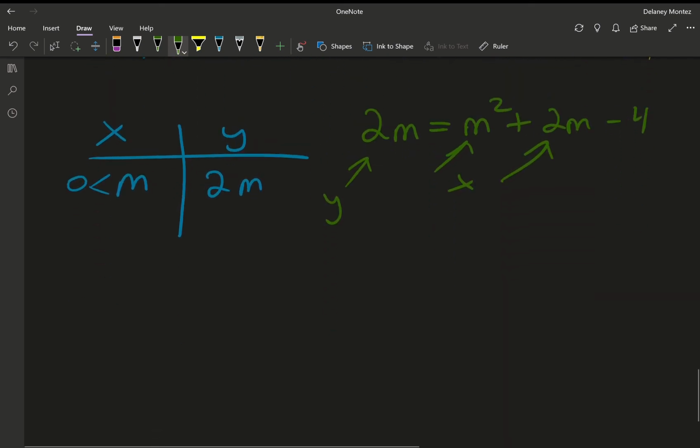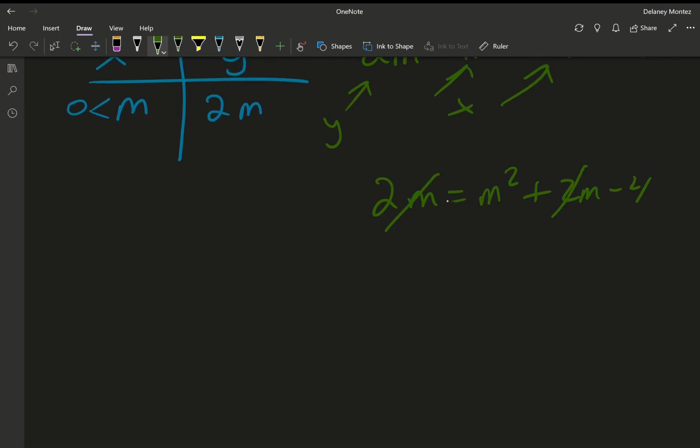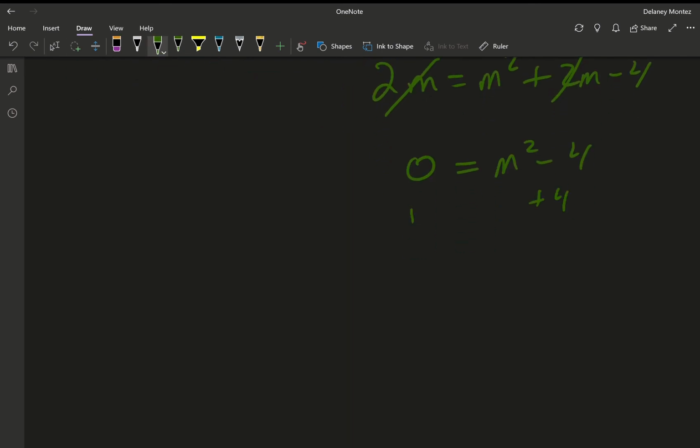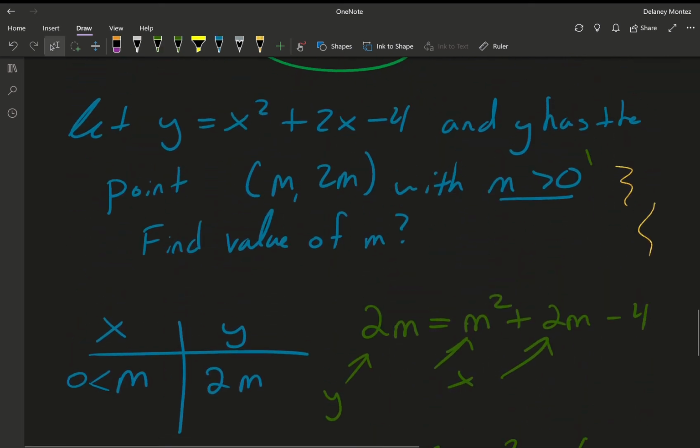So now we solve this. So we bring this equation down, and these cancel out. Take away 2m, so now you're left with 0 equals m squared minus 4. Add 4 to both sides, so you'll get 4 equals m squared. So now you do your square root, plus minus square root. You'll get plus or minus 2 equals m. But remember, the problem says m is greater than 0.